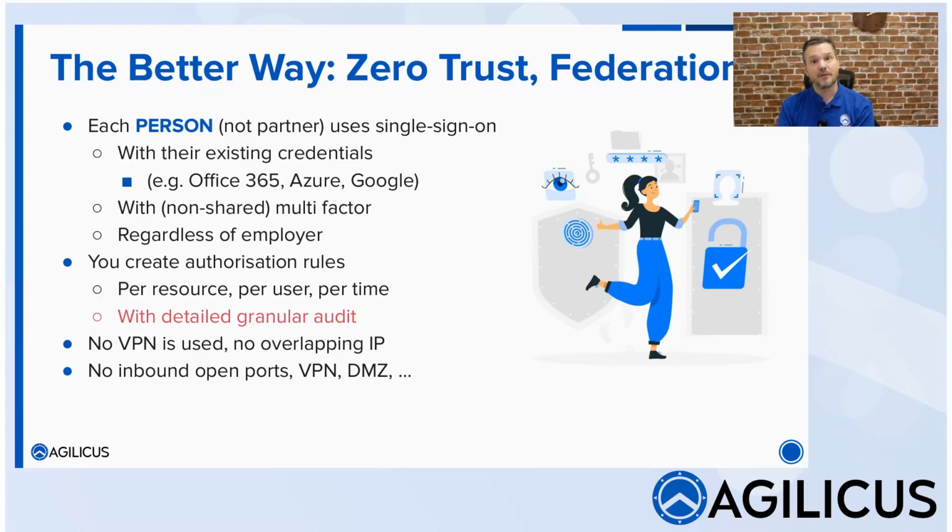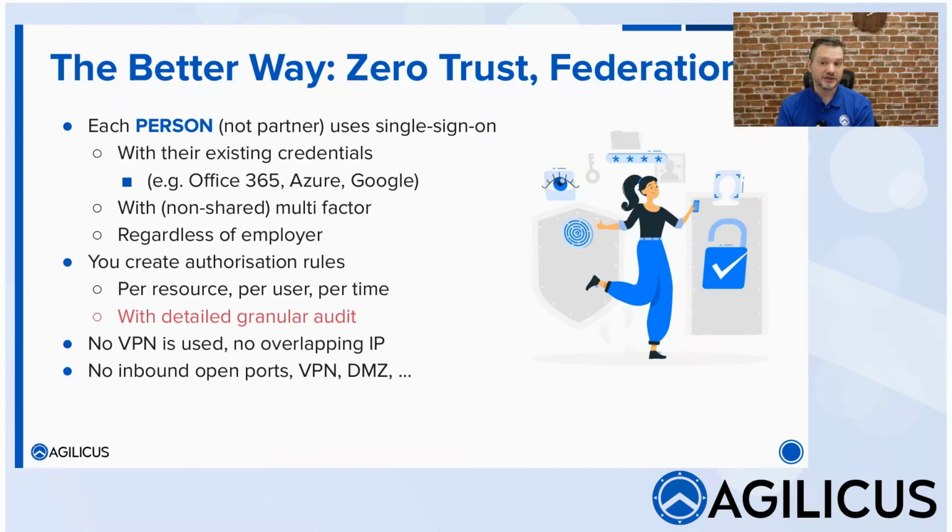But we end up with a model where different sites in our organization that may have overlapping internal IPs, think different offices or different branch offices, are no longer routable amongst each other because they have overlapping IP space, and Zero Trust fixes that.